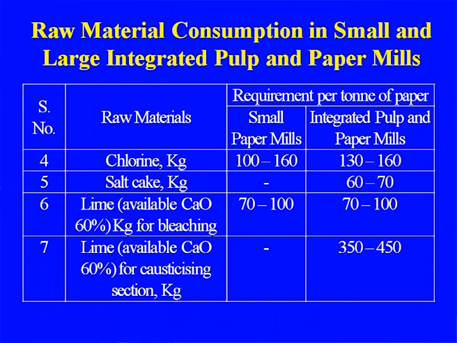Salt cake is used as a makeup salt only in integrated paper mills, where we add salt cake as a makeup chemical, because the sodium sulphate is reduced to sodium sulphide, and sodium sulphide, along with NaOH, is used as the cooking chemical in the kraft pulping process.